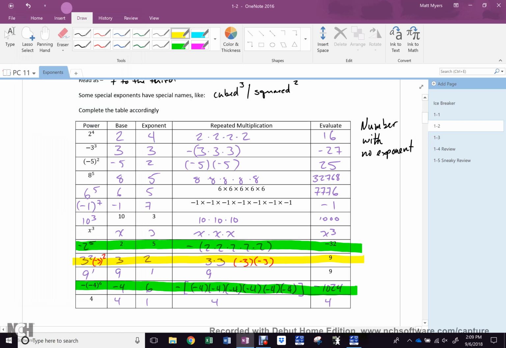It should have been 4,096. Thank you. But it still should be negative, because of that negative out in front. Everybody's all good? If you're not good because you haven't copied it down, then you're good.